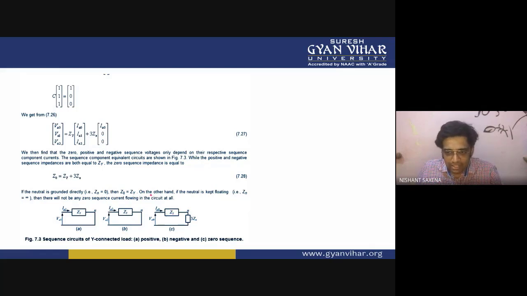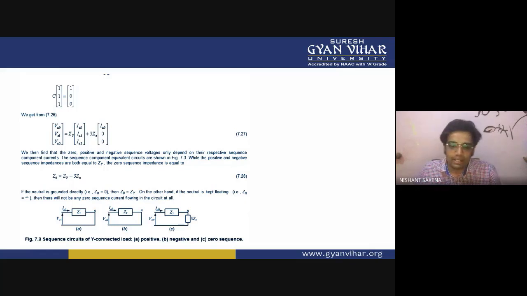On the other hand, if the neutral is kept floating, then obviously your Zn would be infinite, which will be very high. Then there will not be any zero sequence current flowing in the circuit at all. Since the impedance is infinite, the current would be very minimum, so it can be neglected.